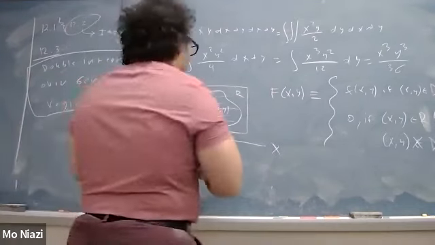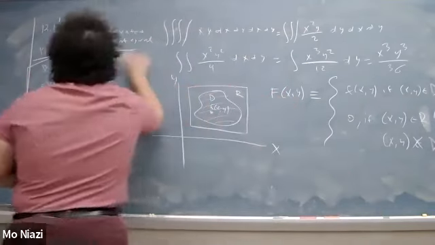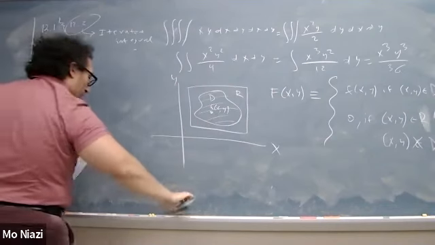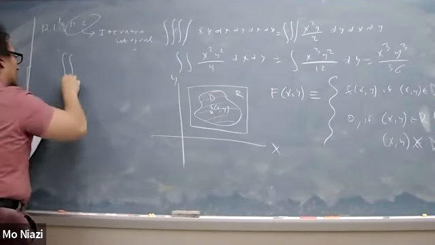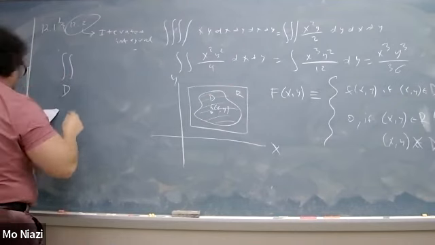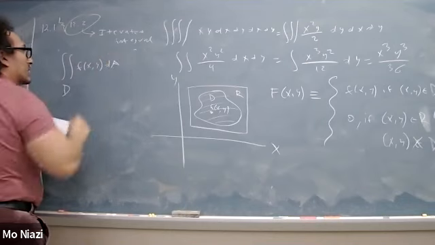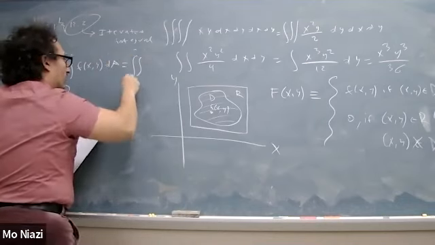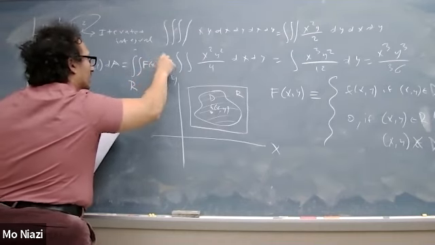So when we define a function like so, what is the importance of this? Well, the importance of this is because now we can integrate over any kind of weird region like this D, meaning that the double integral over the region D of f of xy dA can now be equivalently expressed as the double integral over the region R of capital F of xy dA.